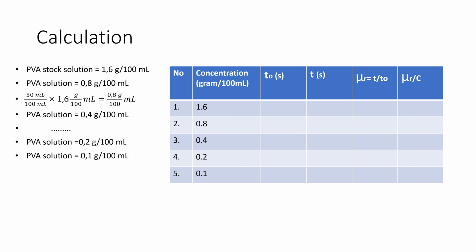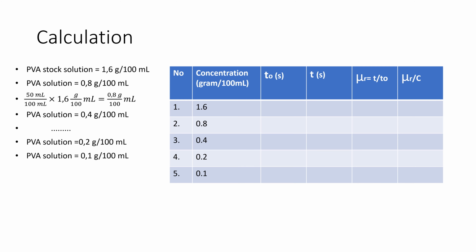This is the calculation. Look at the left of the slide. As I mentioned before, the concentration of stock solution is 1.6 grams over 100 milliliters. Like you know that to get the concentration of 0.8 grams over 100 milliliters from the stock solution, you have to dilute 50 milliliters of stock solution in the 100 milliliter volumetric flask.